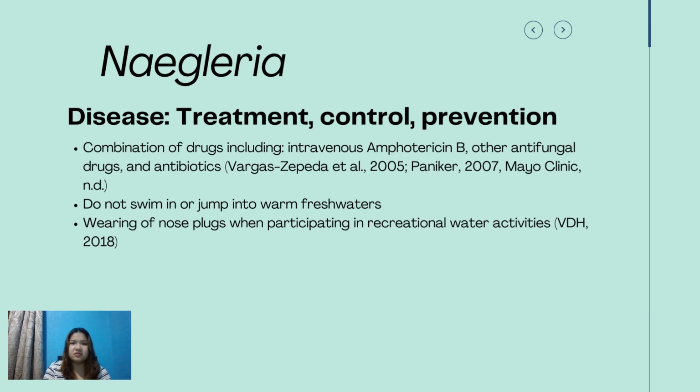For its treatment, a combination of drugs includes intravenous amphotericin B, other antifungal drugs, and antibiotics. As for its control and prevention, first is to not swim in or jump into warm fresh waters. Second is the wearing of nose plugs when participating in recreational water activities.